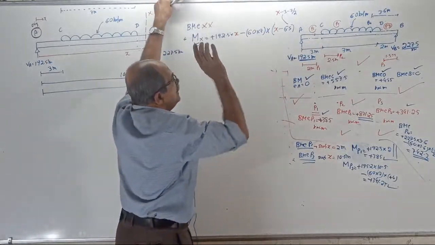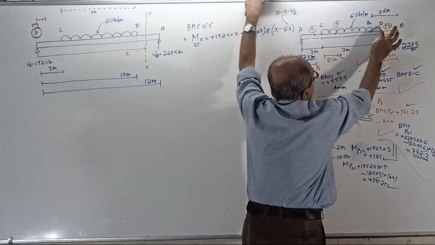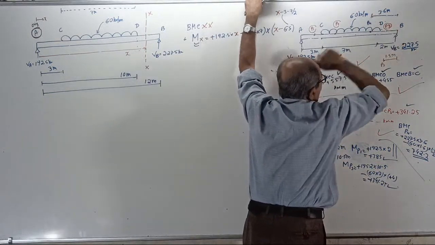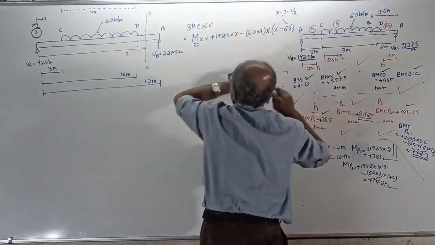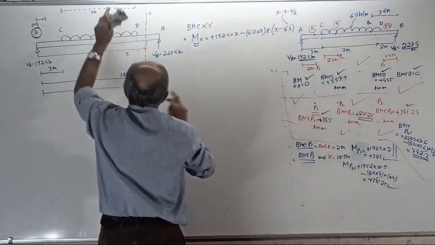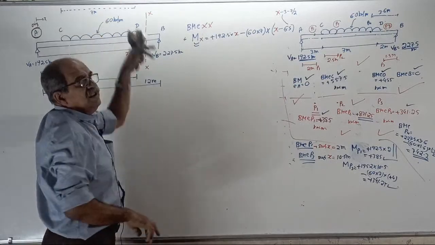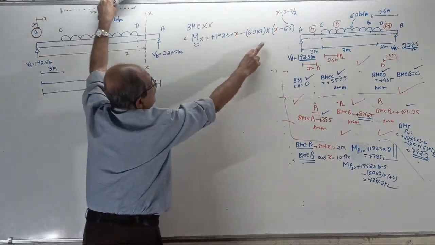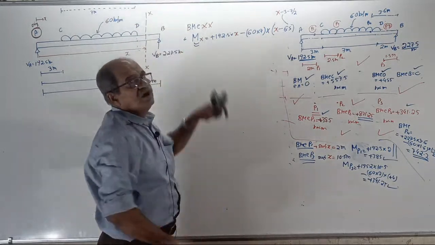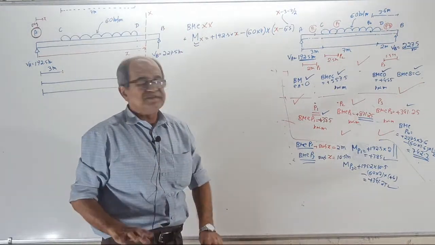Now, if you want BM anywhere after D but before B or at B, then your x should be either 10 meter or more than 10 meter. When x is 10 or more than 10, 10 minus 6.5 is positive. The term is considered. Yes.